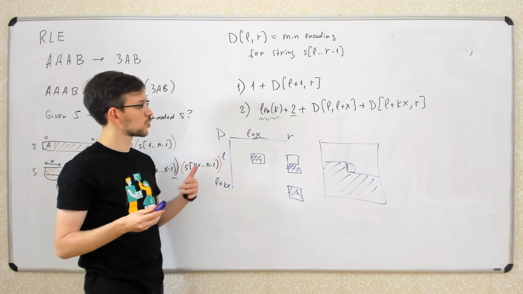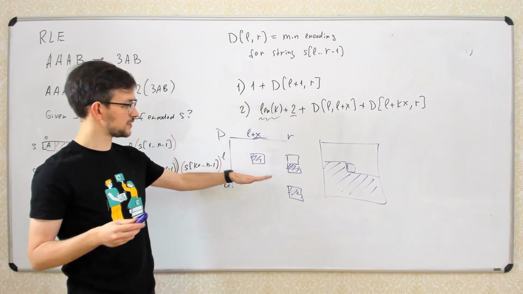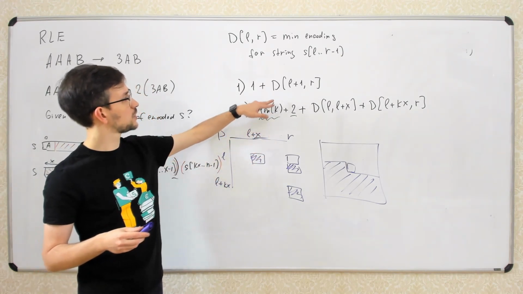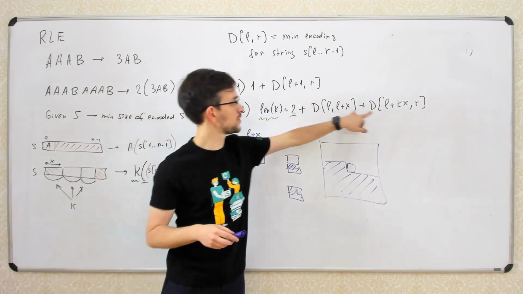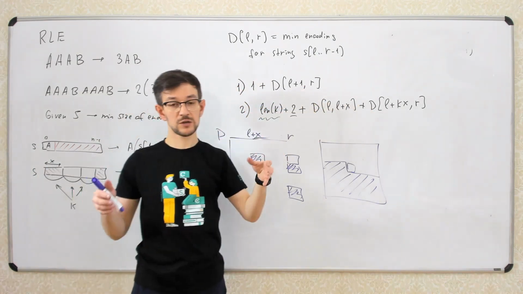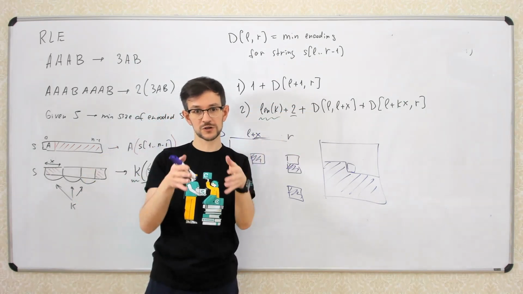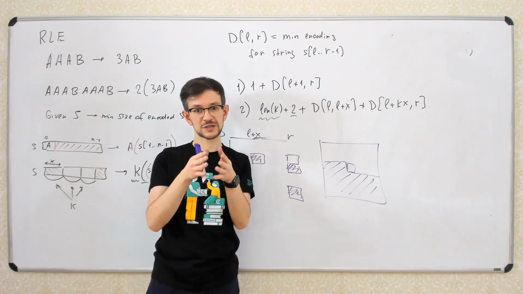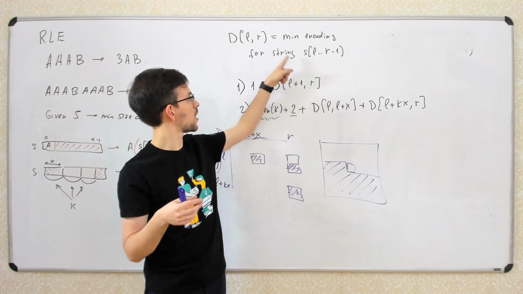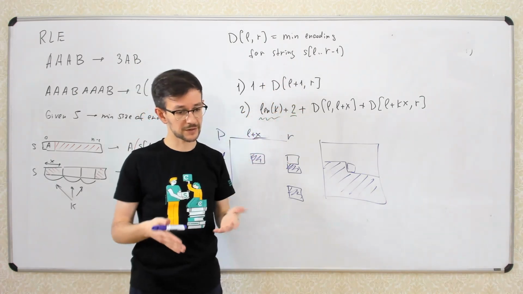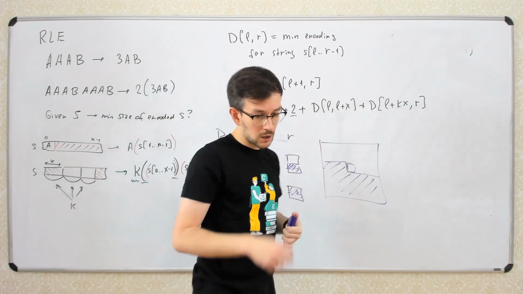Another way to do this is to calculate the cells in diagonal by increasing the size of the segment. Each of these problems is a segment of a smaller size. So you can iterate by the size of the segment, so iterate by increasing R minus L, something like that. That's all.